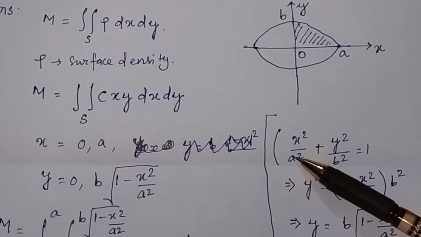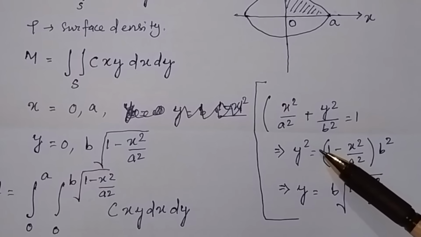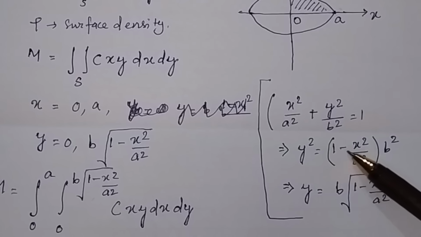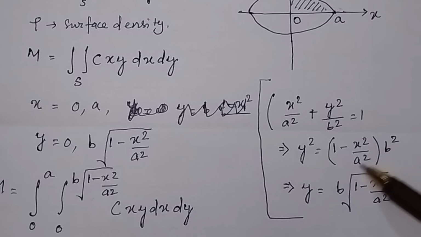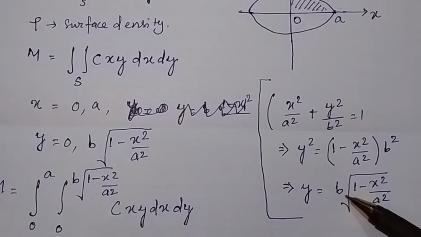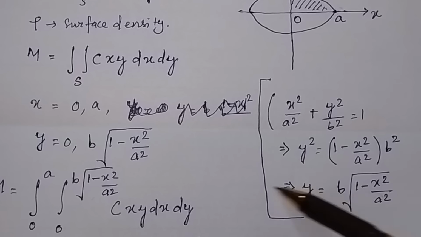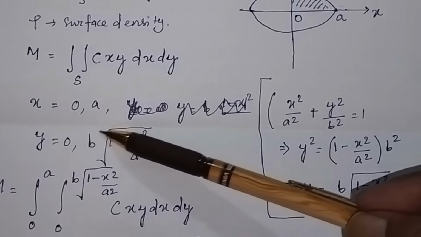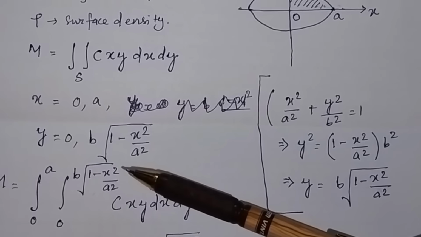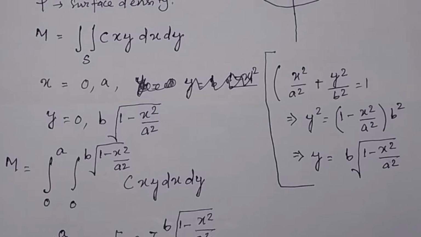So if the equation is x square divided by a square plus y square by b square equal to 1, then y square will be equal to 1 minus x square by a square into b square. So y will be b into square root of 1 minus x square by a square. So you put the value of y here. That means the y value is from 0 to this value. So now you integrate for the mass of the plate.